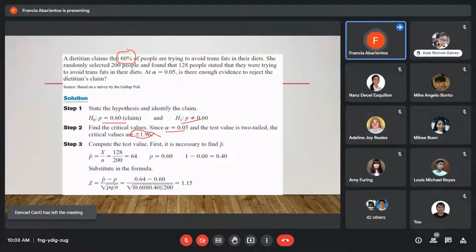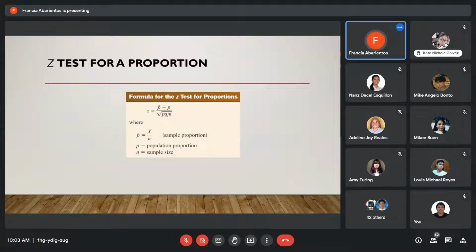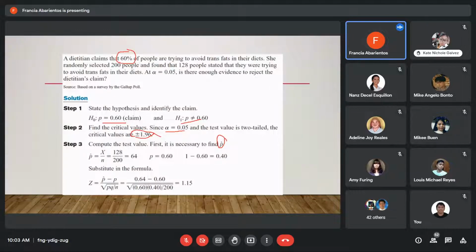So, computing the test value, hahanapin muna natin, ano to? This is now your sample proportion, which is x over n. Okay? Yung x natin, found that 128 people. Ayan. 128 divided by the total number of people, 200.